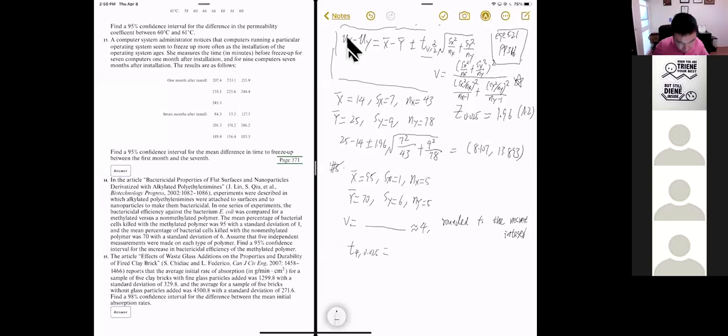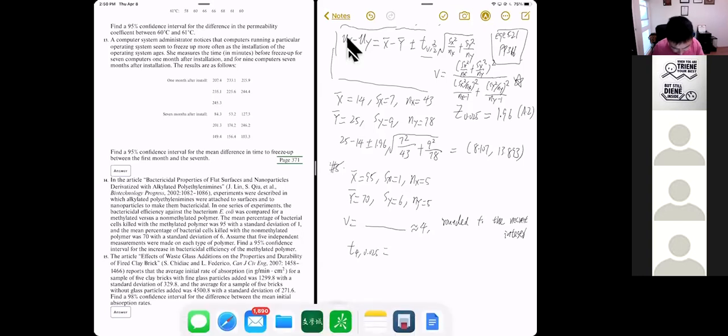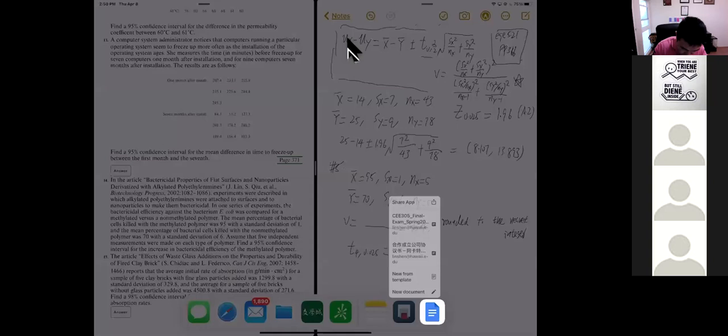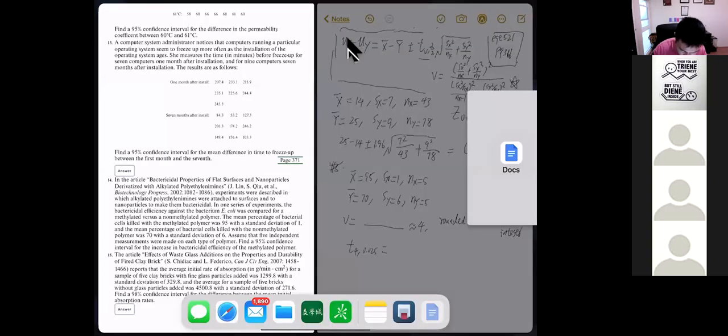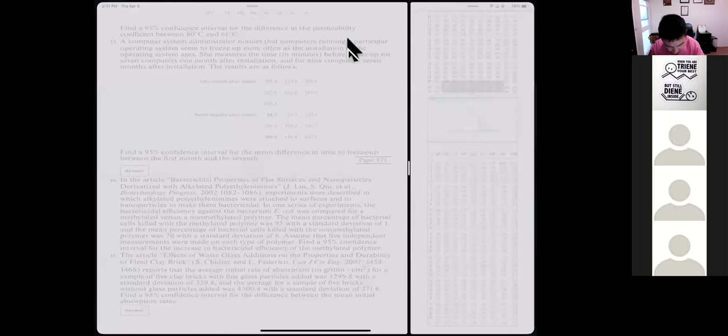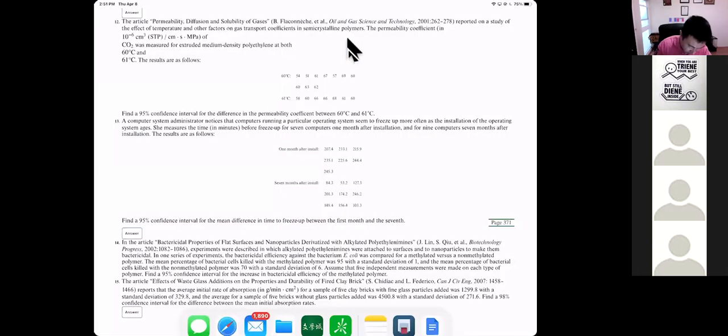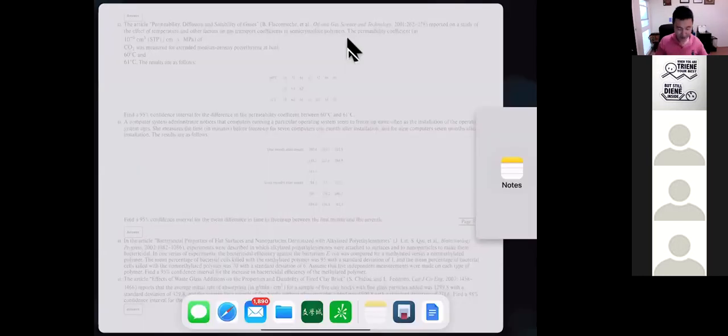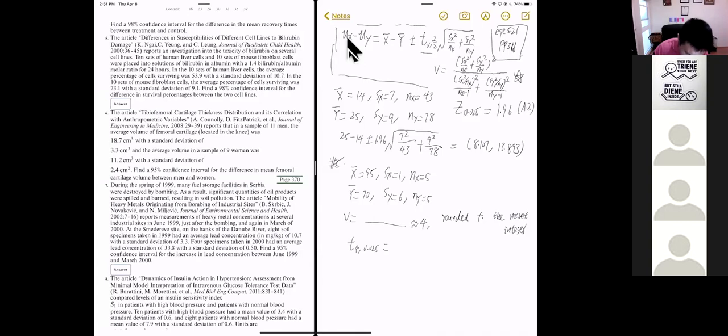For degrees of freedom of 4, half alpha 0.025, that's 2.776 from table 8.3.